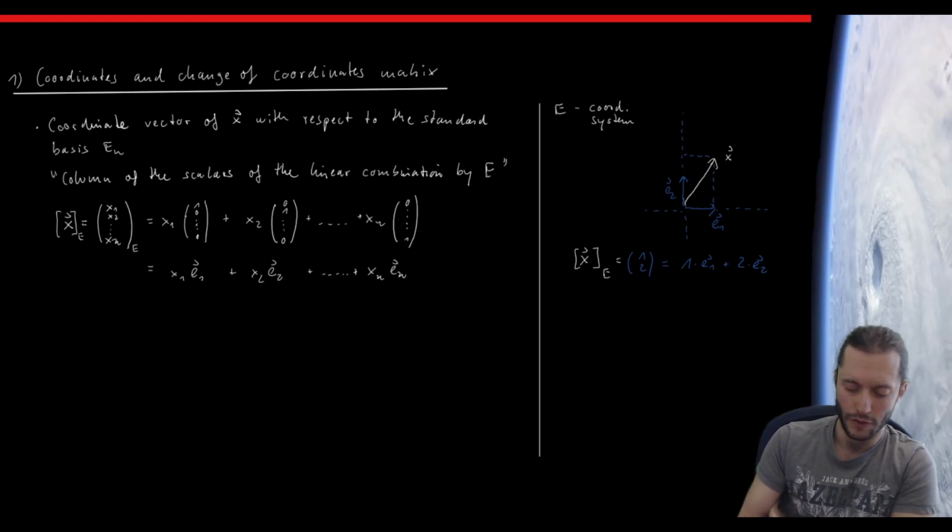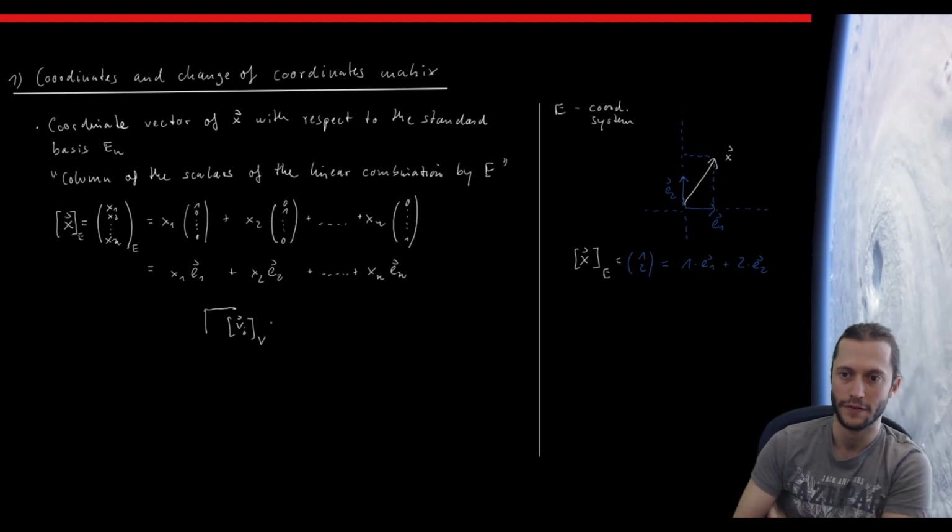So that's fine. This is a side note: you could say let's have a basis vector v_i with respect to the basis v, so the ith basis vector of the basis v. And how does this look?